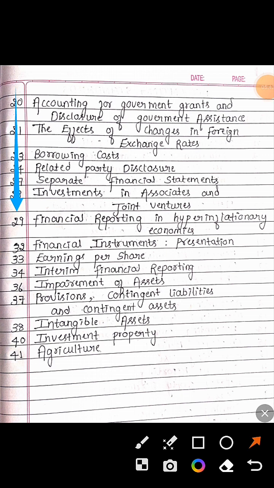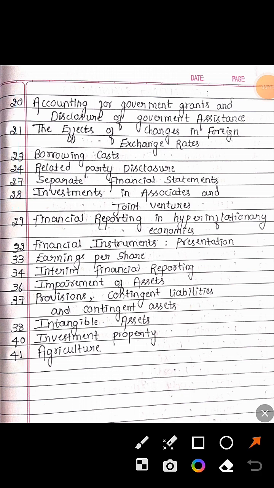So Ind AS 29 is financial reporting in hyperinflationary economies. Come on, you have to say it now: financial reporting in hyperinflationary economies.